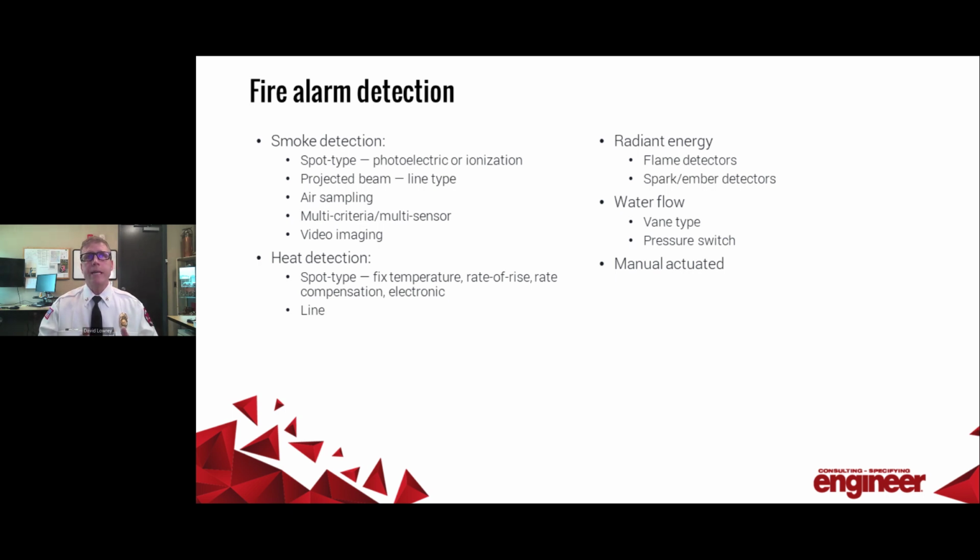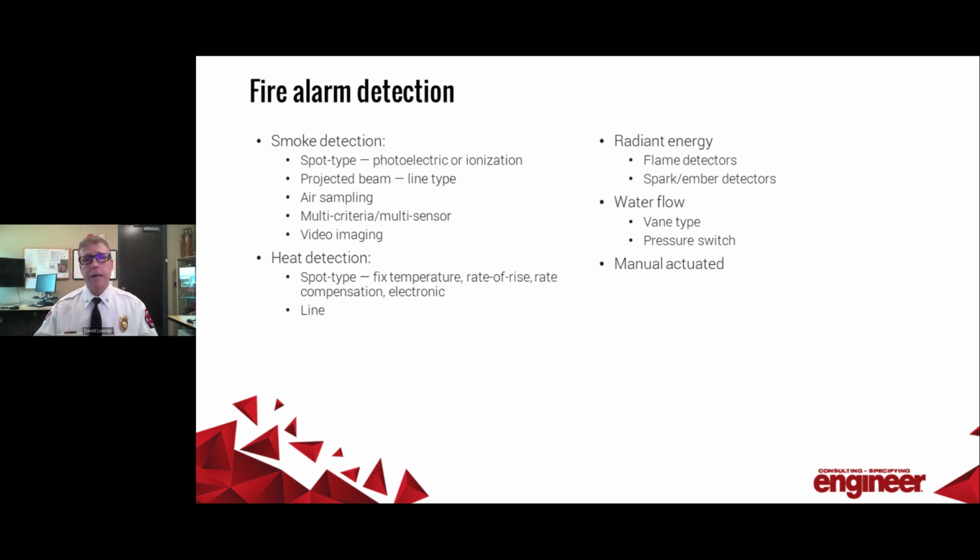We're either detecting the smoke that the fire produces, whether it's visible smoke or invisible smoke, the heat that the fire produces, or the light that the fire is emitting, right? Somewhere in there, we're looking at those types of detection to look at the signature of that particular fire.